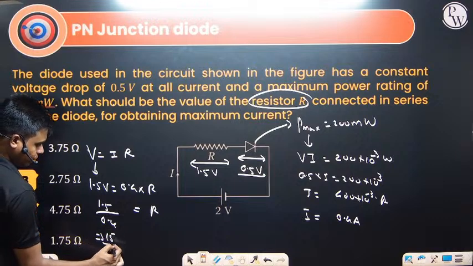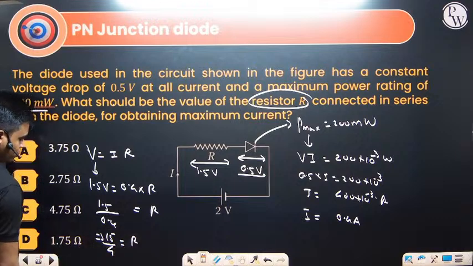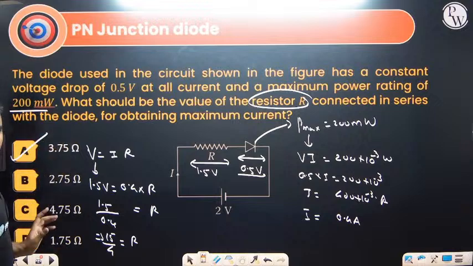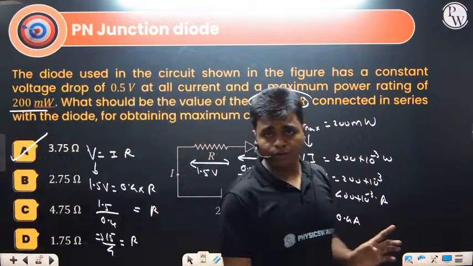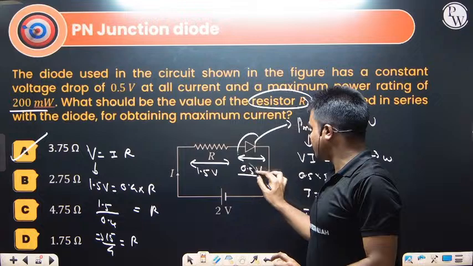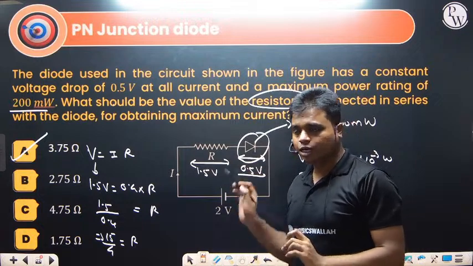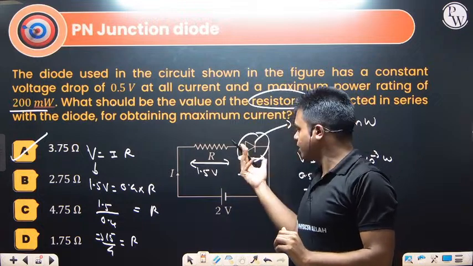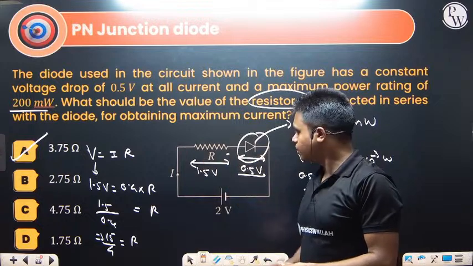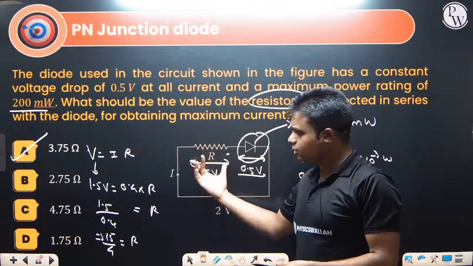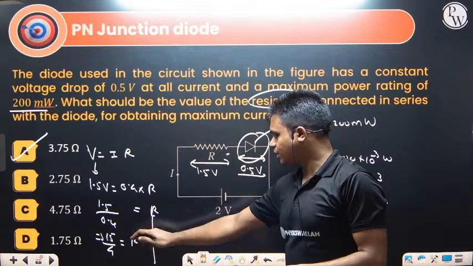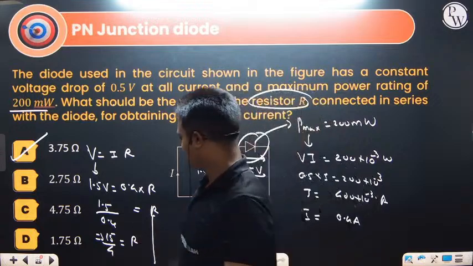So 15 by 4 is equals to R. So what is R value? 3.75 ohm that we are getting from this calculation. We calculated the maximum current that can be flowing through that diode, and whatever the current that is flowing through this diode, the same current will be flowing through this resistance. We calculate what is potential drop across this, and from here we got this R value, that is 3.75. Right.